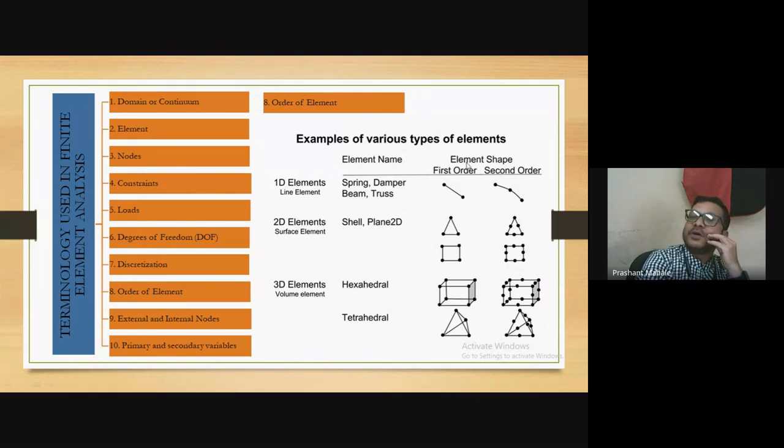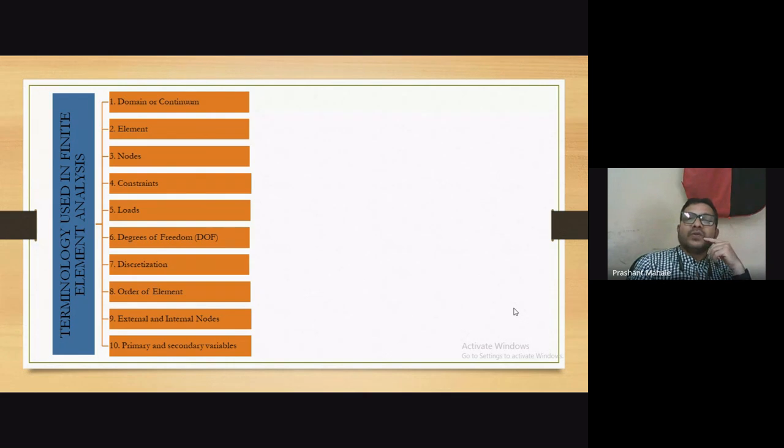Element shape here, in the last two columns you can see first order elements and second order elements. You have seen the equation that can be used for the first order and second order. After order, we will complete all that so that we can move to the next topic in the next session.